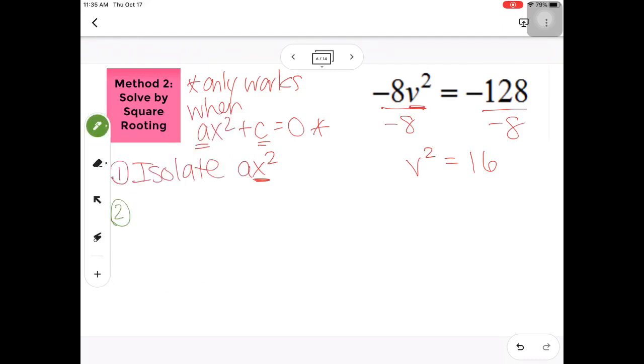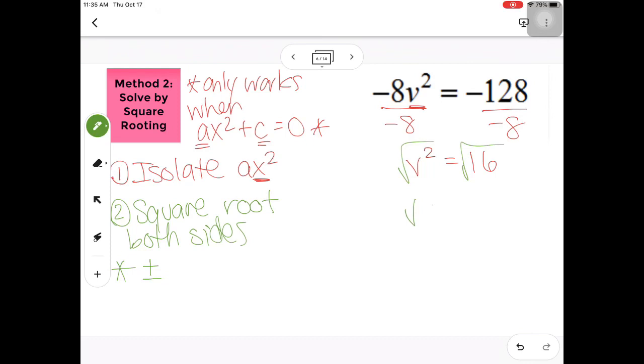Then you're going to go through and do what the method really says. You're going to square root both sides. What's extremely important is you will need a plus or minus when you do this, and we're going to talk about why. If I square root this 16, I'm going to have a 4, but I need to say that it is plus or minus 4.